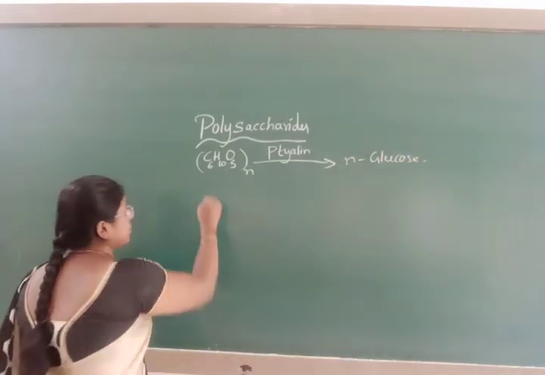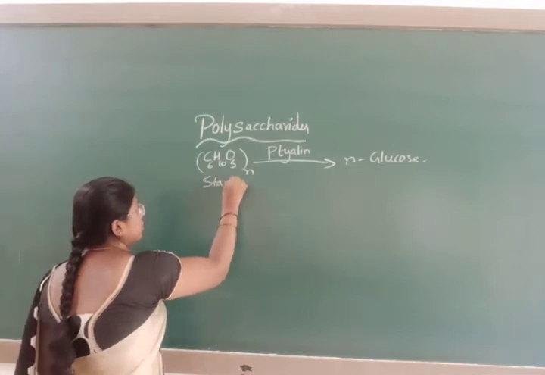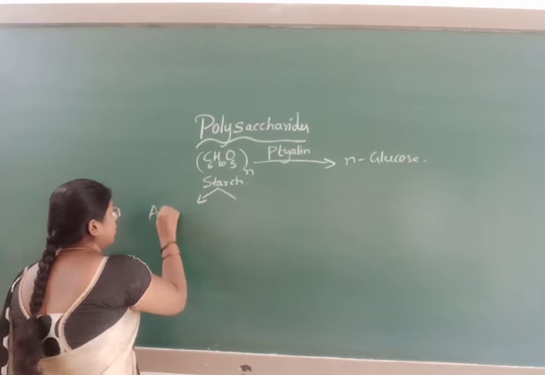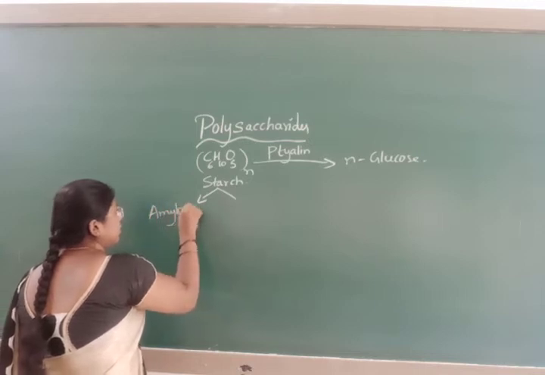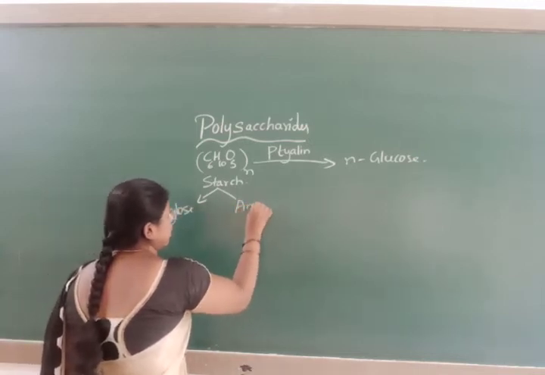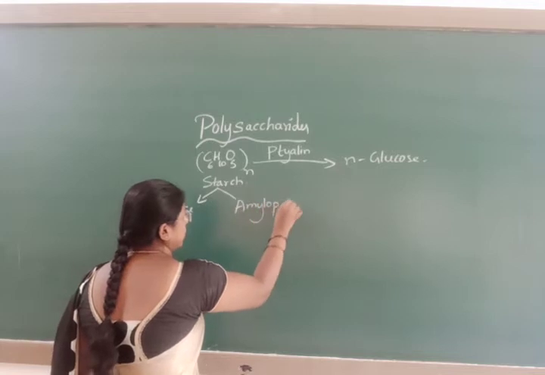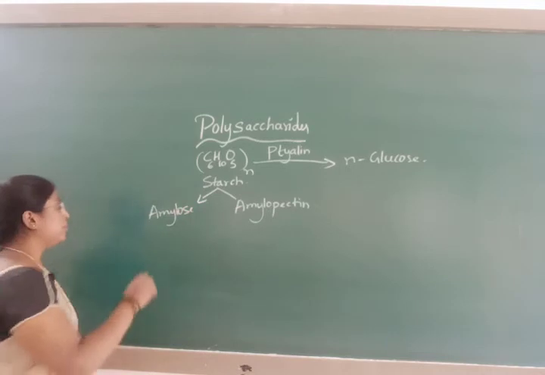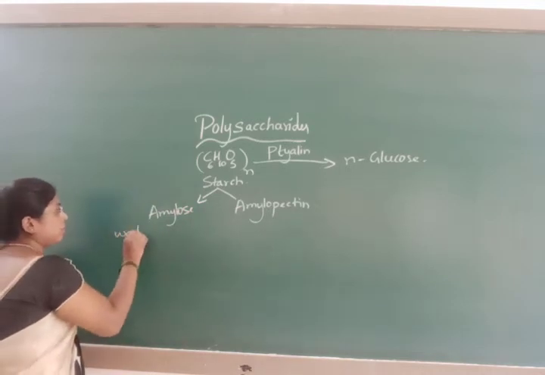This starch has two components, amylose and amylopectin. Amylose is what type of component? Water soluble.